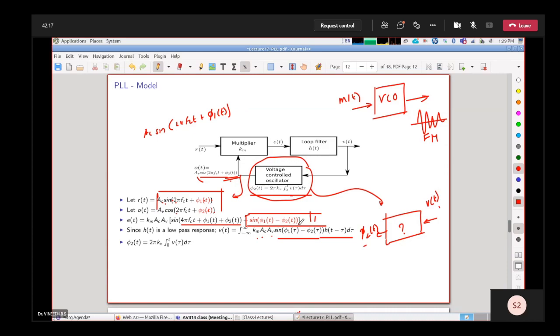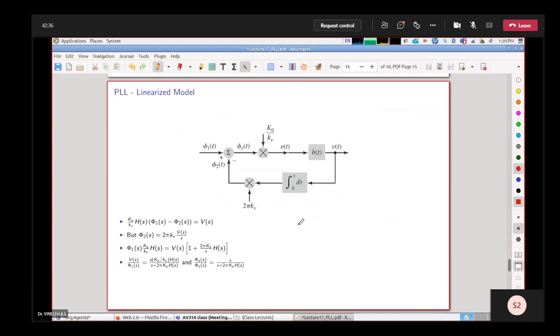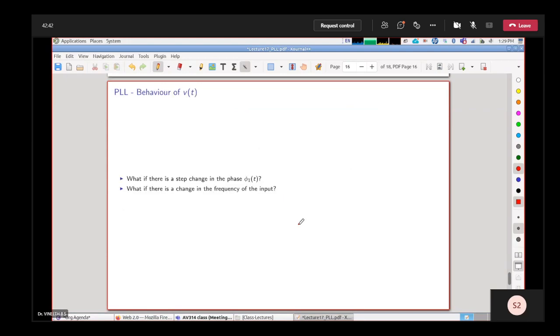Yes, sir. So what kind of filter are we assuming here? I am not very clear on how we are getting the phase error phi e of t as 0. Okay, we will see that. The filter response, in fact, we will try a few responses and see what happens. For example, you can try this filter to be like s by s plus a, something like that.